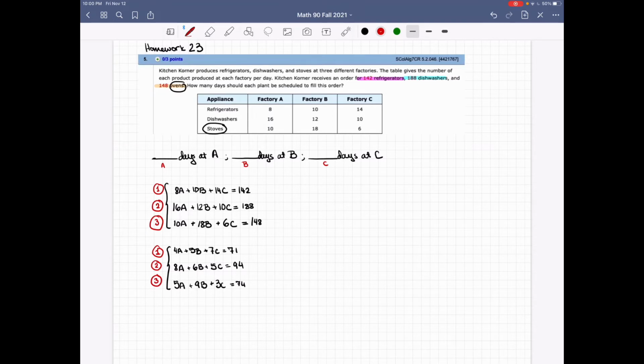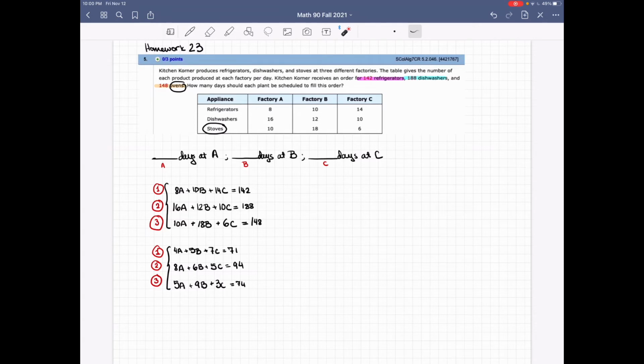But simplified as far as possible. It's generally pretty good practice to do that. So what I'm going to do with this system is work to get it into triangle form. That means I want all 3 variables in the first equation, only B and C in the second, and only C in the third.